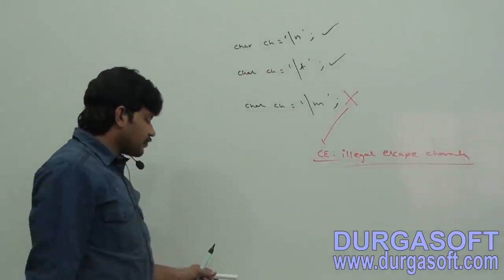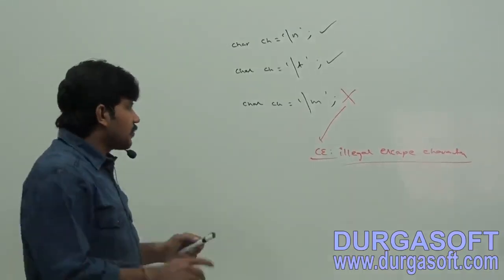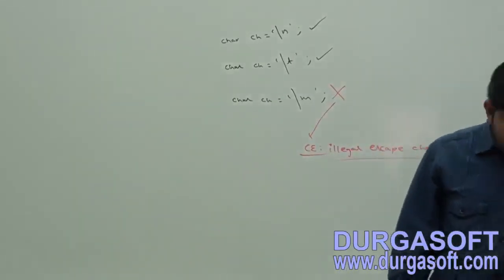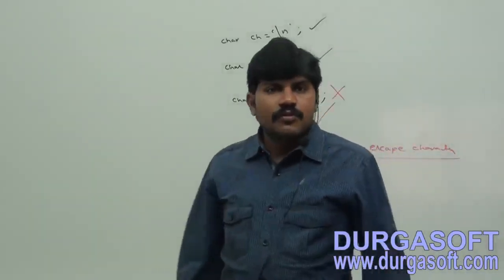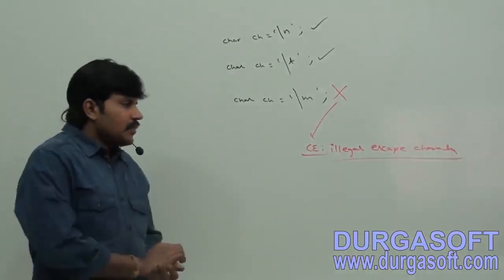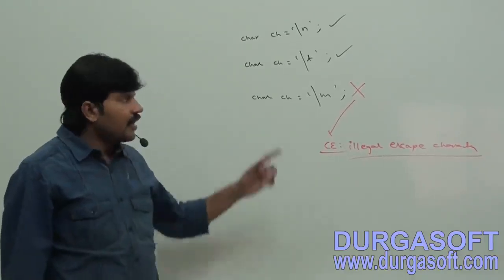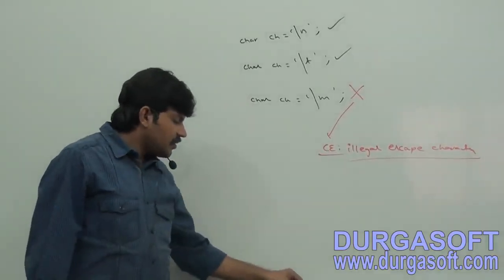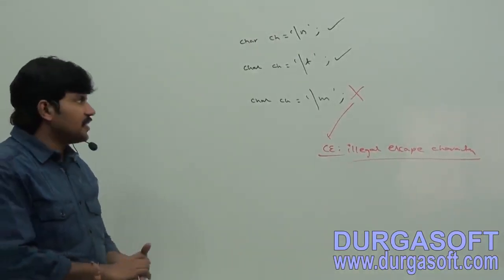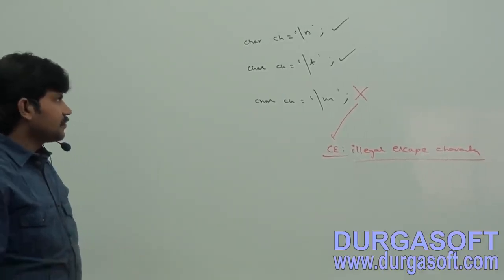Okay, add fourth one. Every escape character is a valid char literal. Example: char ch is equal to backslash n.